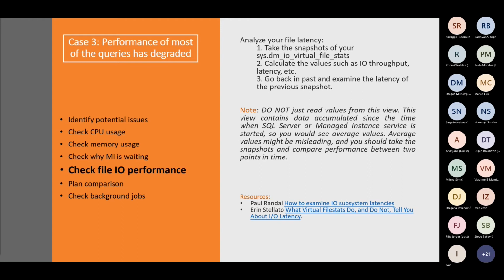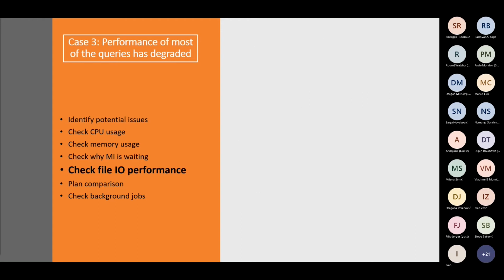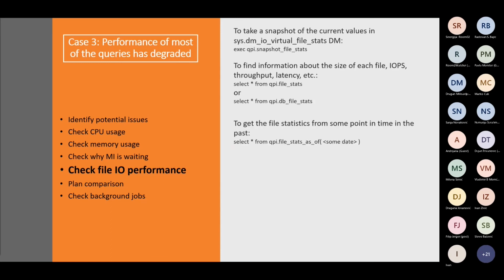So there is another tip that I'm sharing with you here, and that's, again, using the QPI library. This is how you can shortcut all the thinking from the previous slide.